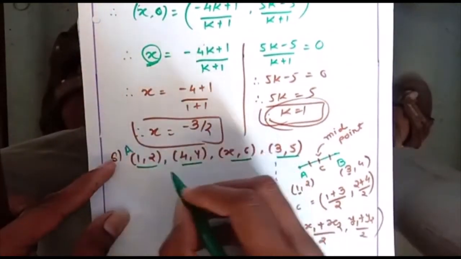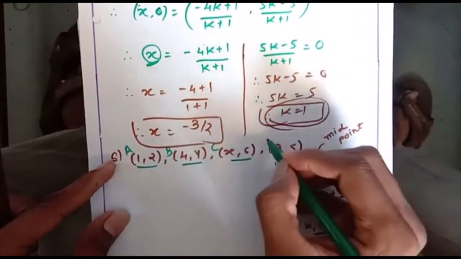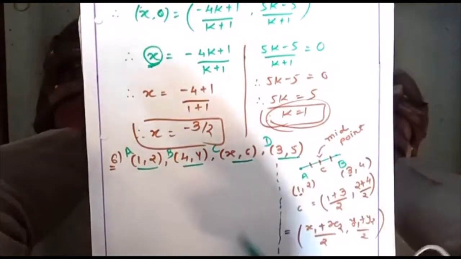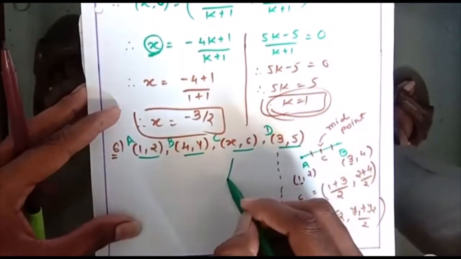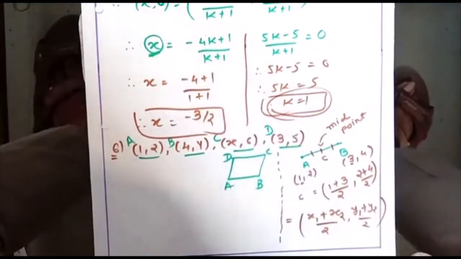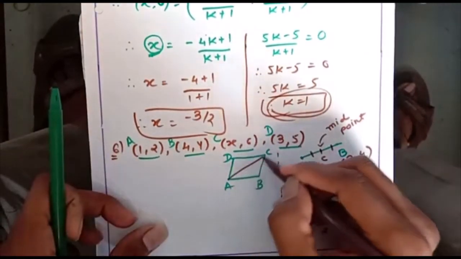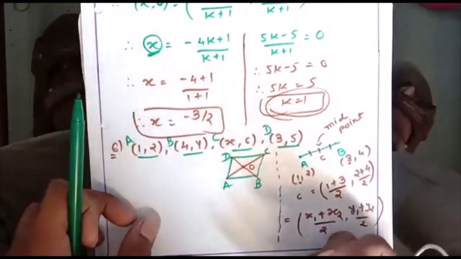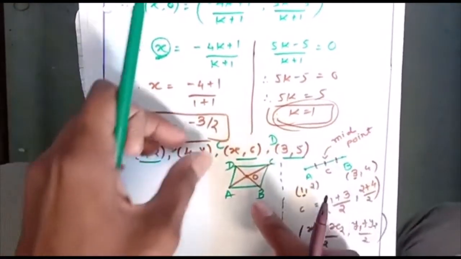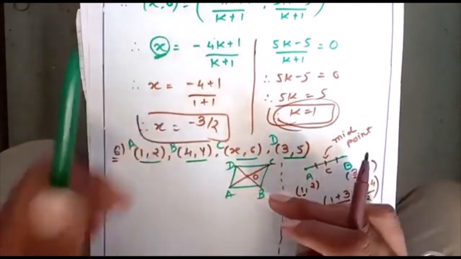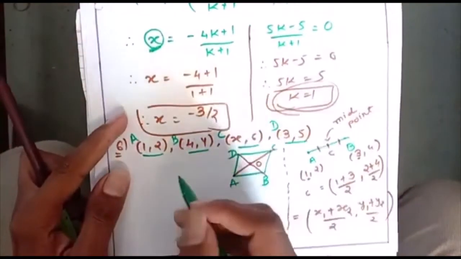Let A, B, C and D be the vertices of parallelogram ABCD. Now here we have 2 diagonals AC and BD which intersect at point O. It means the midpoint of DB is O and the midpoint of AC is O. So we compare both sides.